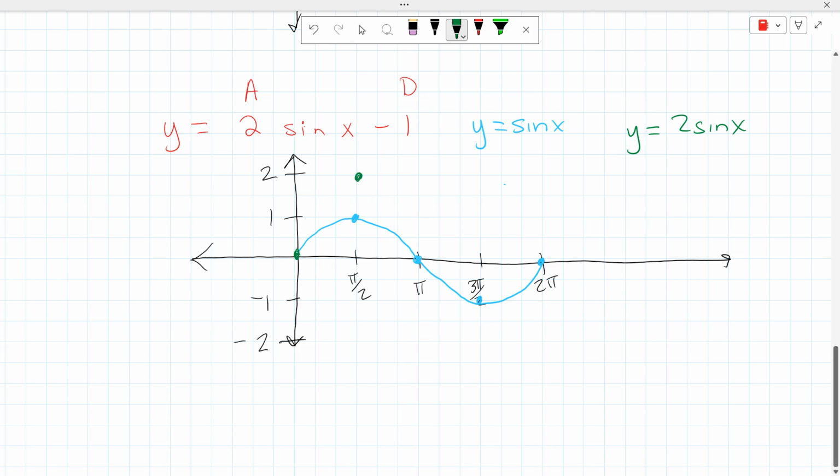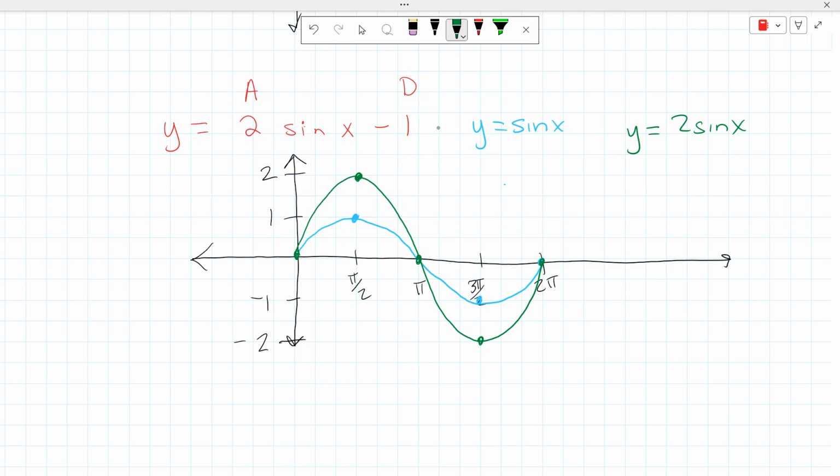So it stretches up here. So it has a y value of 2. Or if it has a y value of 1 originally, it'll have a y value of 2. If it has a y value of 1/2, then it'll have a y value of 1, and so on. So if it has a y value of 0, 2 times 0 is 0. If it has a y value of -1, then we go -2. Okay, there's one period of y equals 2 sine of x.